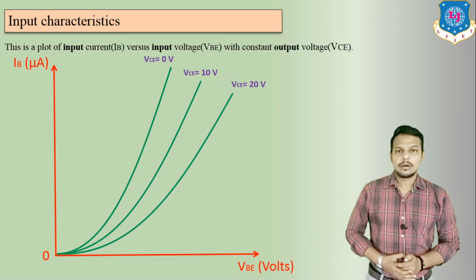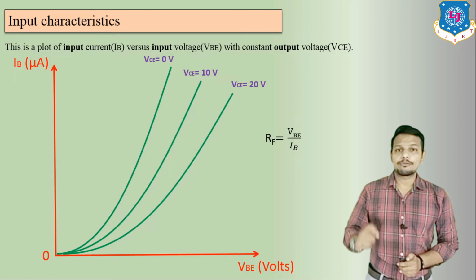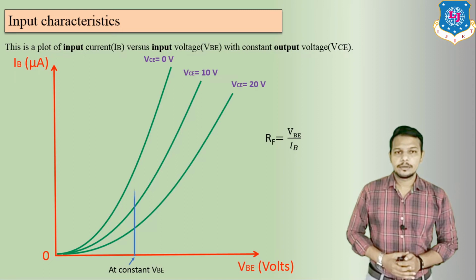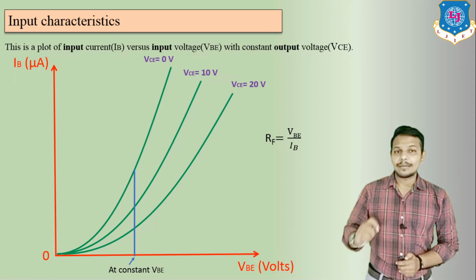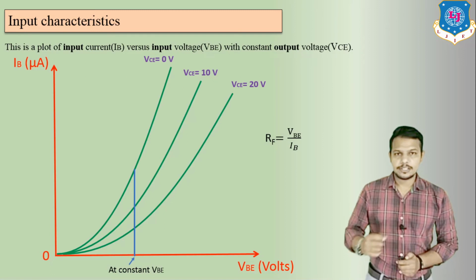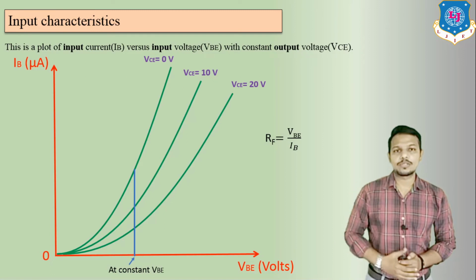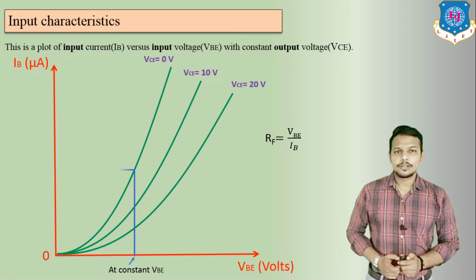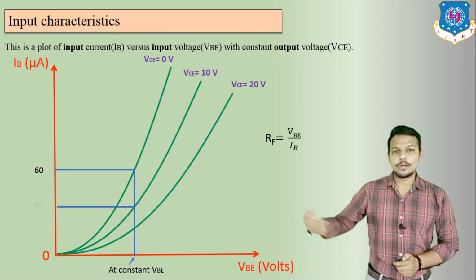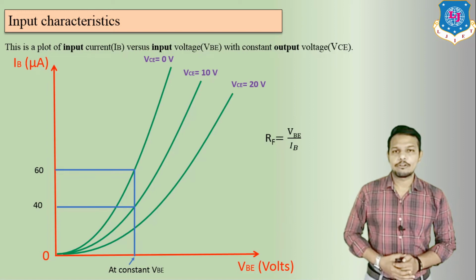Now at a fixed value of VBE, at this point, your IB value is different. First we take VCE equal to 0 volt. At this time your IB is 60 microampere. If VCE is equal to 10 volt, then IB is 40 microampere.